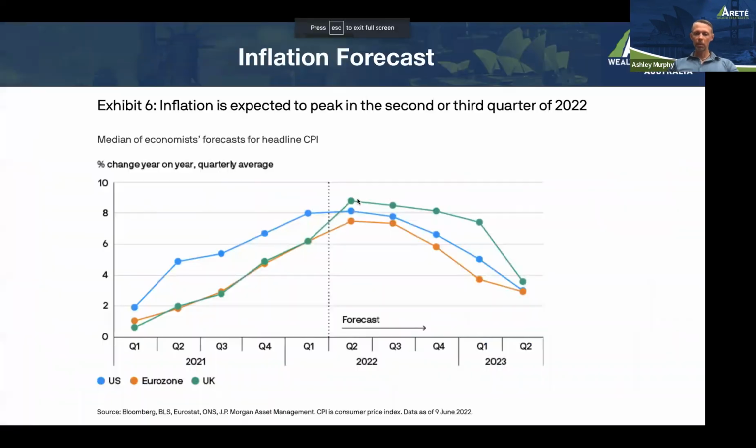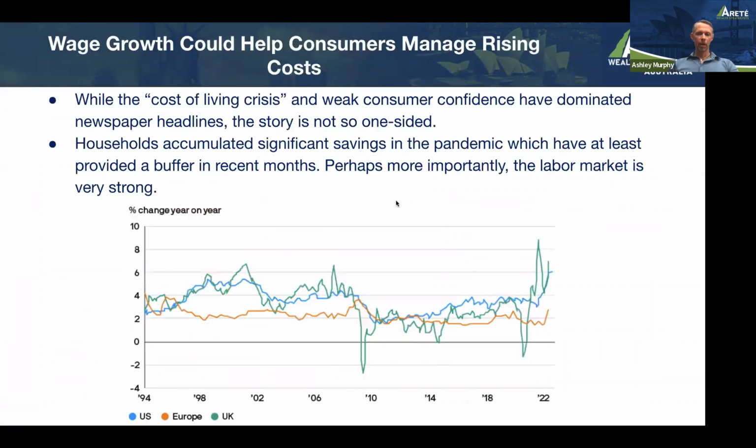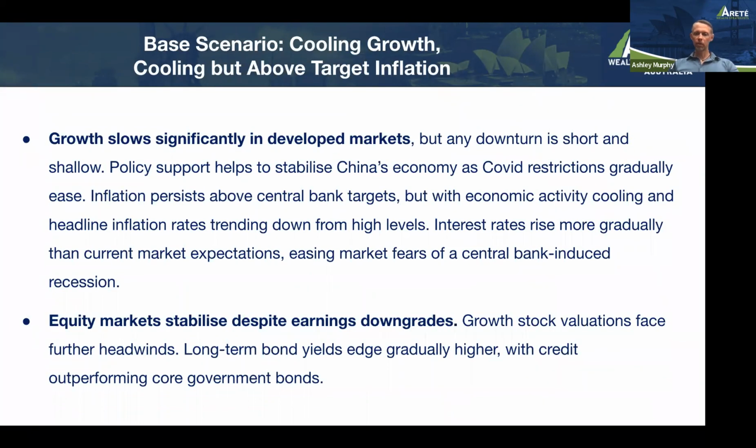You see the peak inflation really hitting in Q3 of this, well, actually right now at the end of Q2, and then declining through the rest of the year. That's what we're expecting. Okay, so interest rates will rise actually rather quickly towards the end of the year, before things settle down next year.